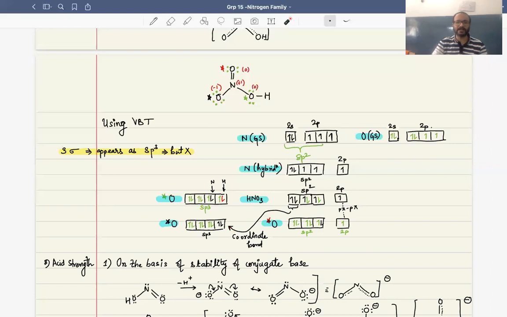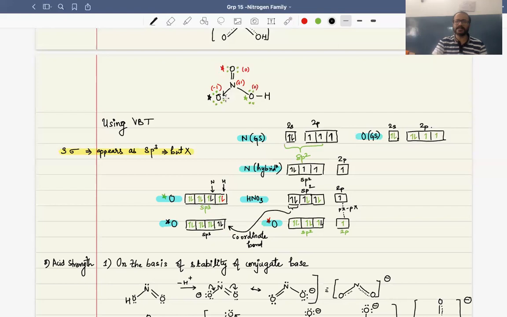So when it is coordinated with oxygen, these 2 electrons that are present, which are unpaired, become paired, and then one vacant orbital is generated here, which is then occupied by the lone pair that is donated by the nitrogen. So basically, this particular bond is not a sigma bond, but rather a coordinate bond where the lone pair on nitrogen is donated into the vacant orbital on the oxygen atom.